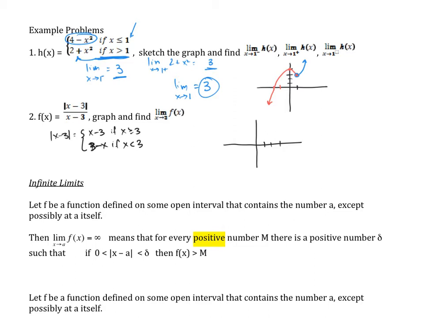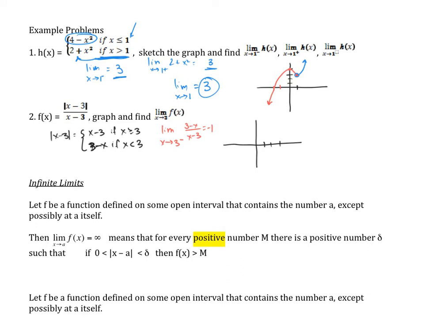So that means if I'm approaching 3 from the left, so the limit as x approaches 3 from the left is going to be this situation where I have 3 minus x over x minus 3, and this will give me -1.